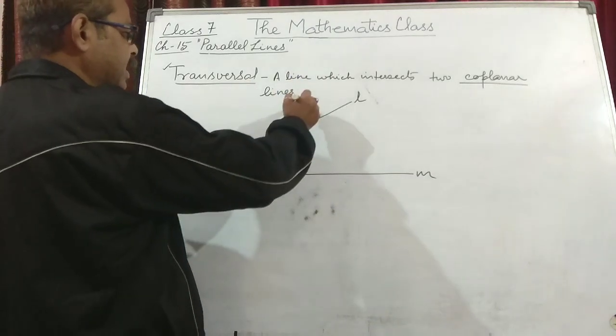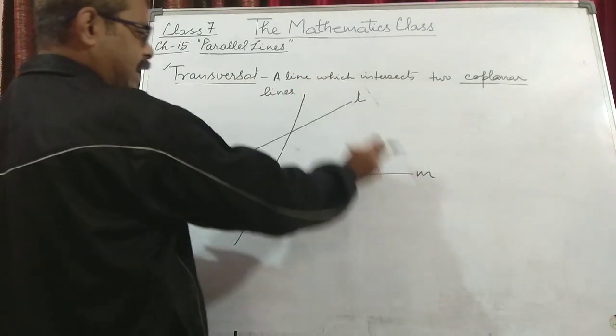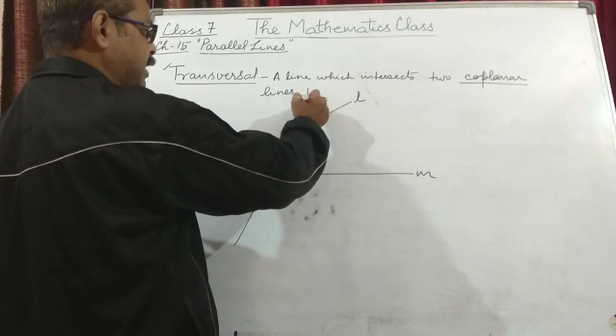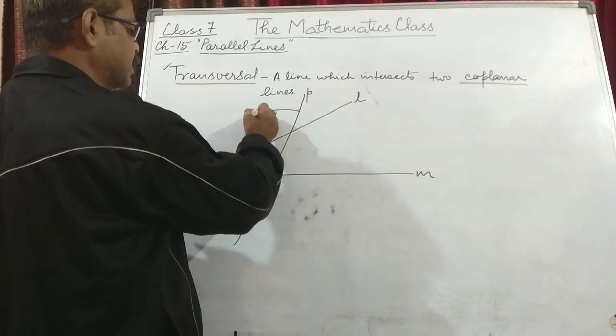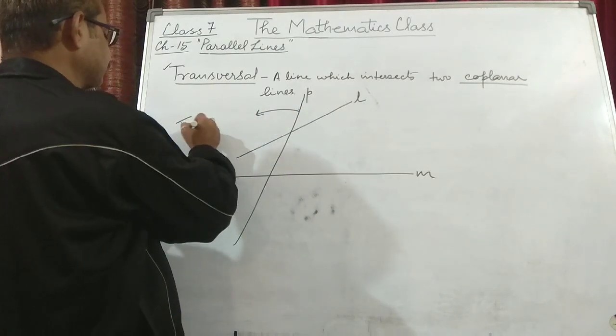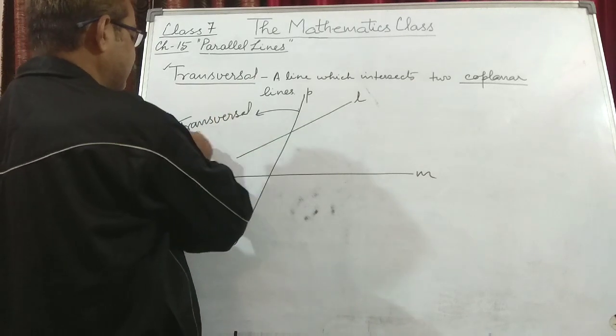Now if another line P intersects these lines L and M, then this line P is known as a transversal.